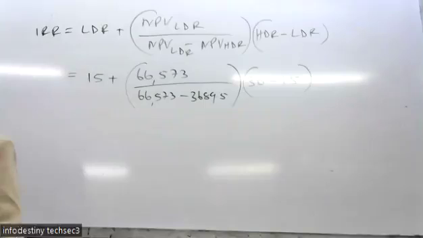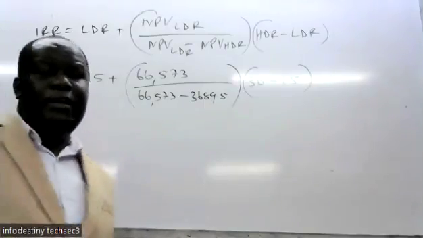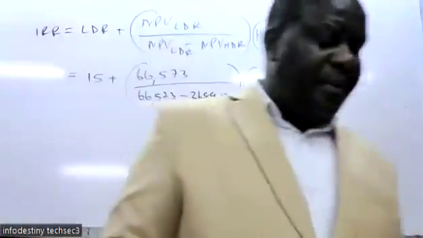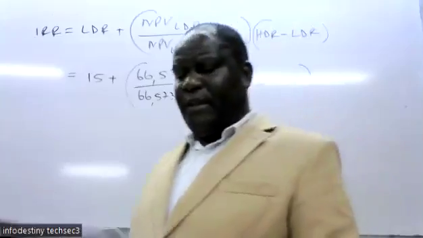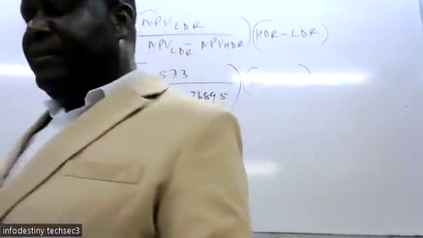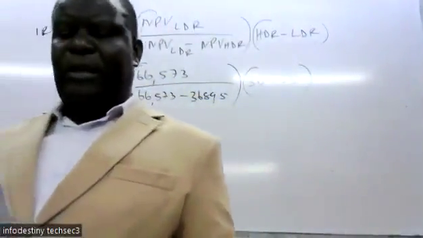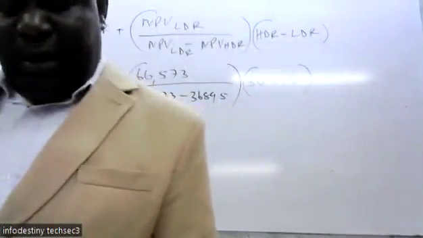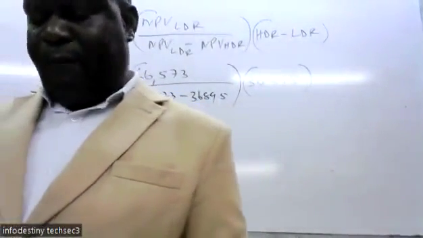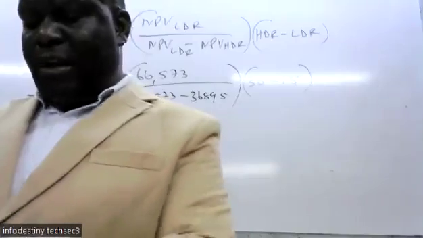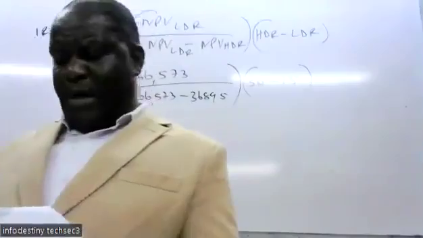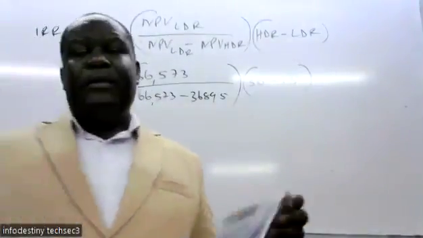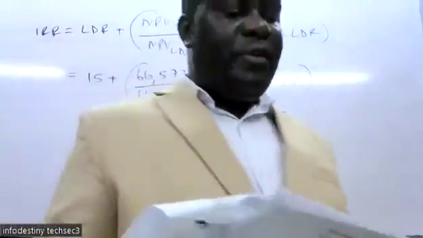There is a question number 1, part C, where they ask you to explain 3 forms of market information efficiency as stipulated by Eugene Fama's efficient market hypothesis. So there are 3 forms of market efficiency. I want you to go to page 3. They are indicated there.